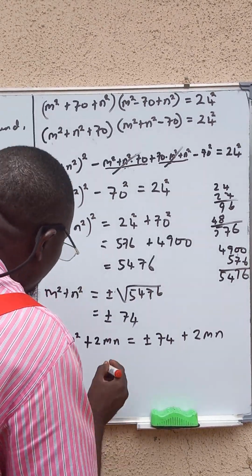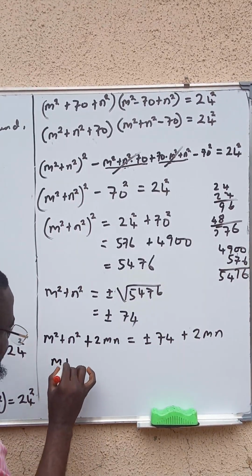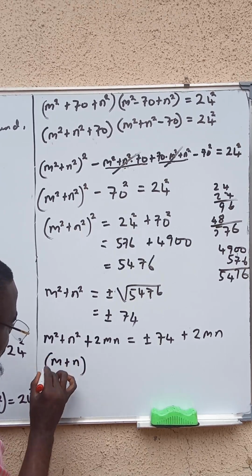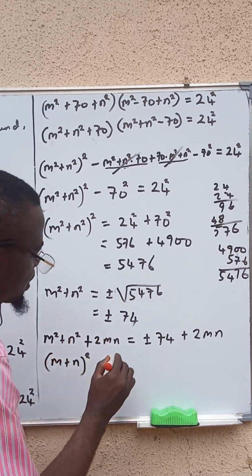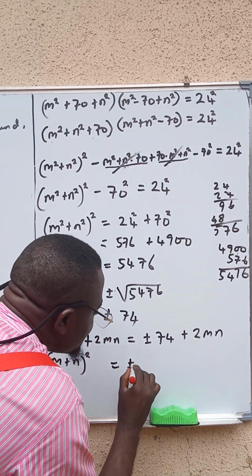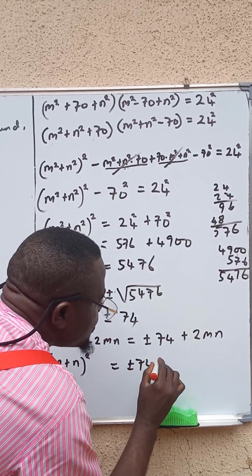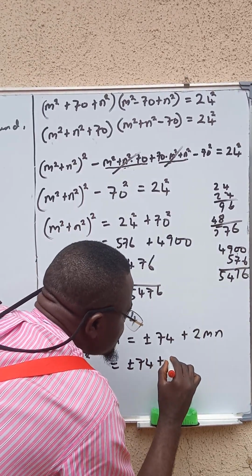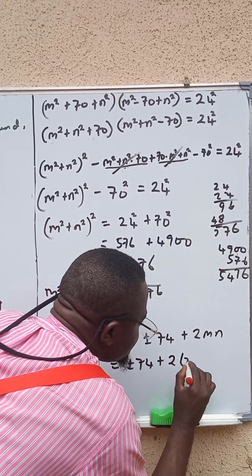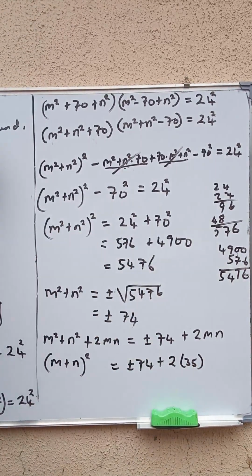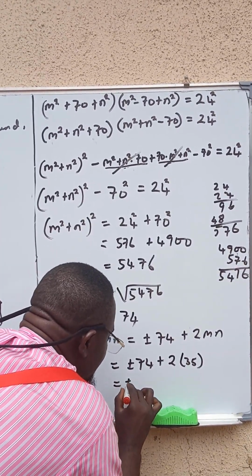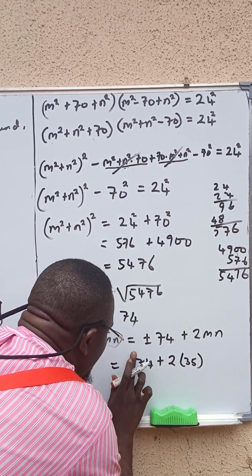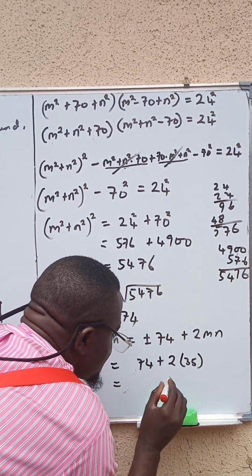Good. Now, I can have m plus n all squared. If you open this, you will have this. So it will now be giving me what? 74 plus 2 into 35, because my mn is 35. So this will give me what? Or you can do it straight from here so that you don't confuse yourself.